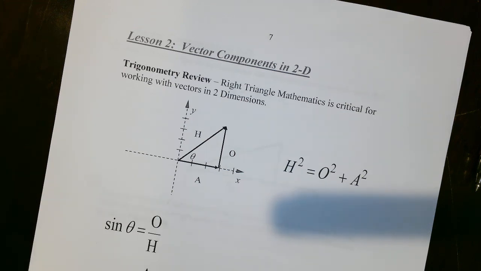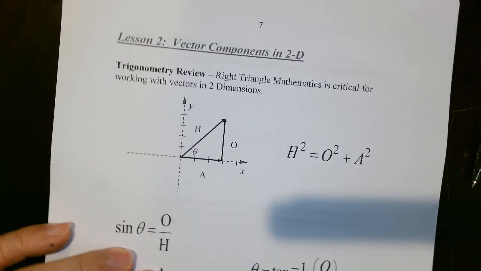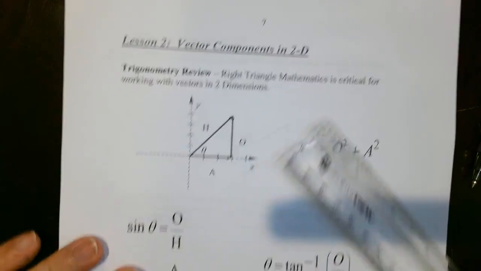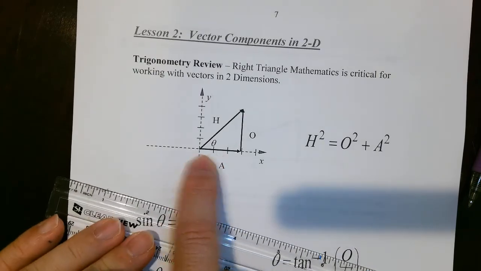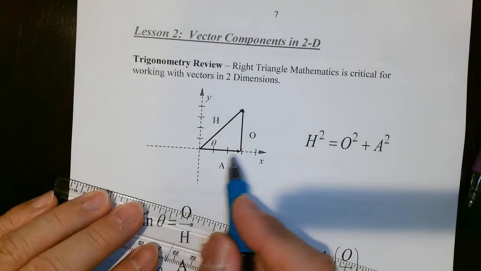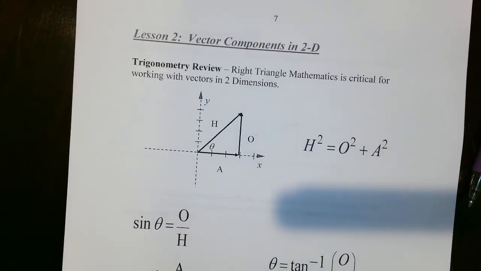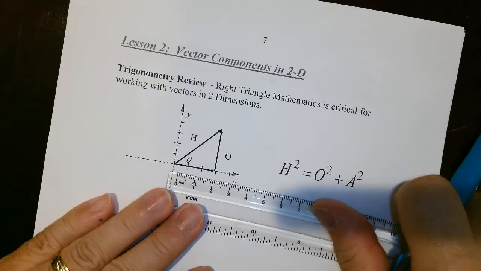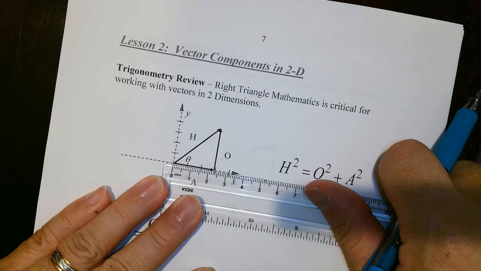Let's take a look at when we have two vectors that are in two different dimensions. If we were to represent vector A, it looks like 3 units in the positive x direction.